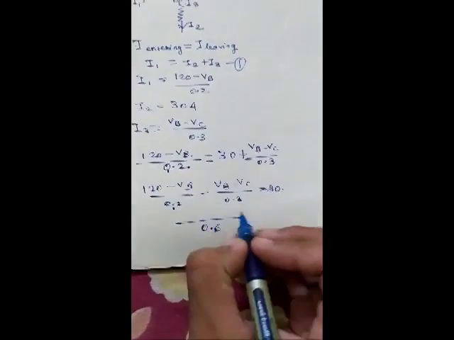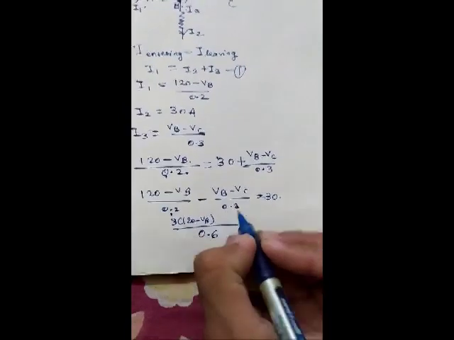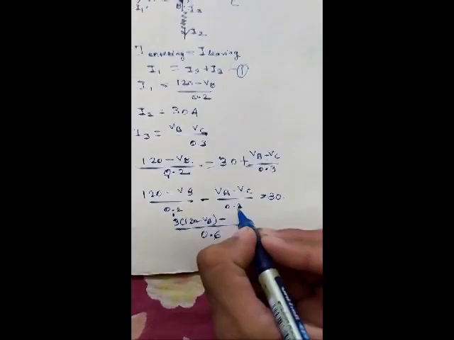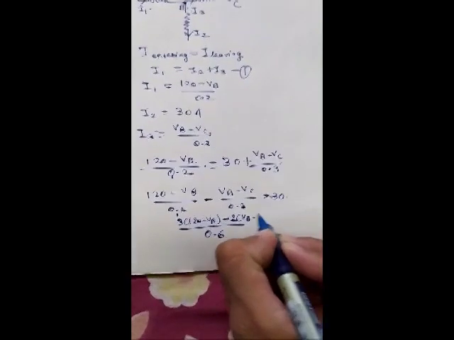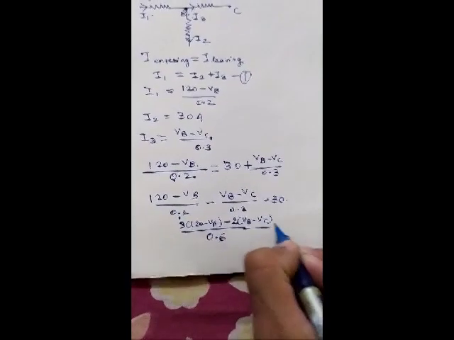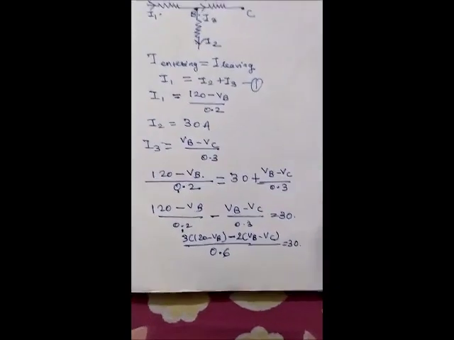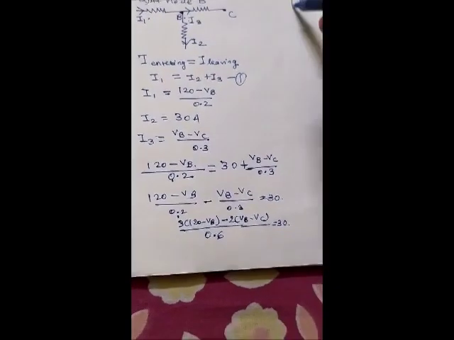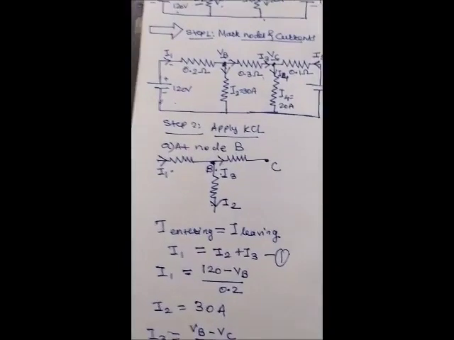So the equation is 3 into (120 minus VB), minus 6 divided by 3 is 2, so 2 into (VB minus VC) is equal to 30. Okay, एक simultaneous equation form झालाय. So next we will form the next simultaneous equation from this.